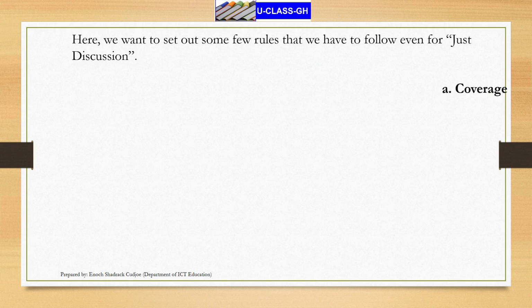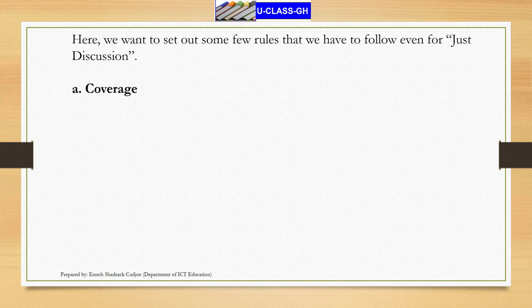The first one talks about coverage. As a lecturer, you're supposed to provide the student with the opportunity for questions. Even if you are asking your students to read or research on a topic area, you should still provide some way for them to address issues that come with the topic.